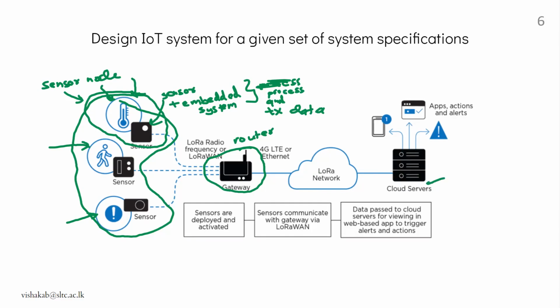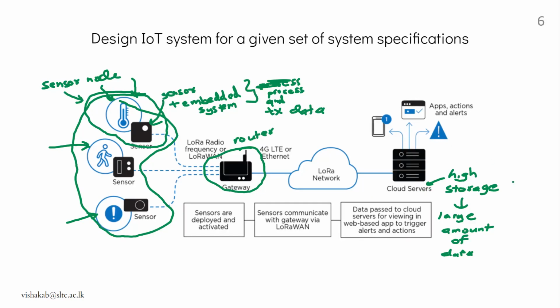The cloud servers have a very high storage capability, and therefore large amounts of data can be stored. Because of that, IoT networks normally prefer to use cloud servers to store their data.